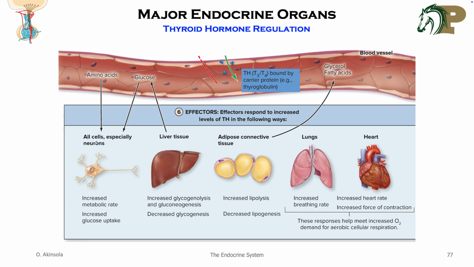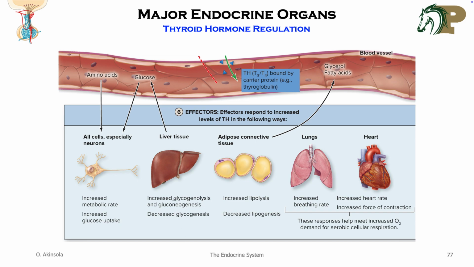So in most cells, we'll have an increased metabolic rate. We'll have increased glycogenolysis, okay? So glycogen breakdown, and gluconeogenesis, new creation of glucose.